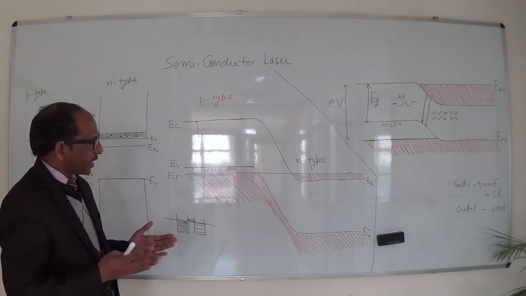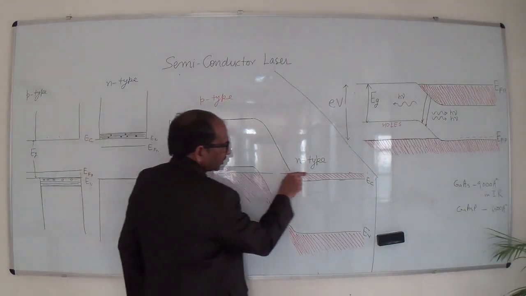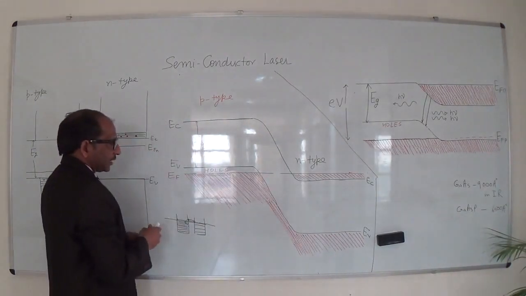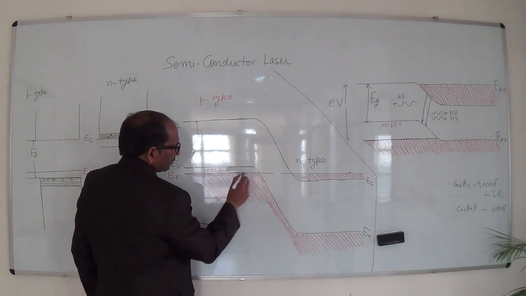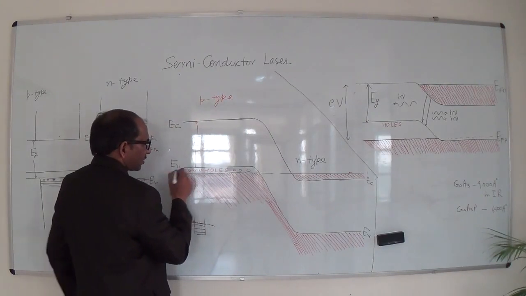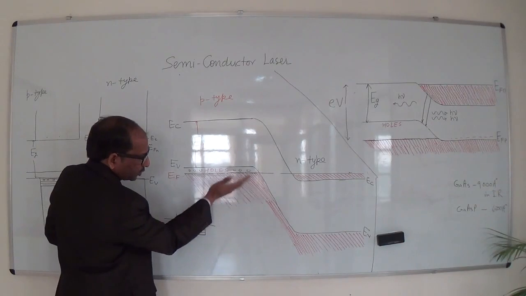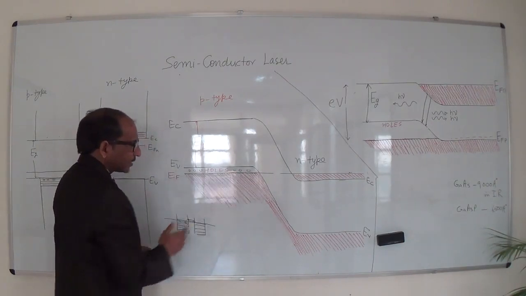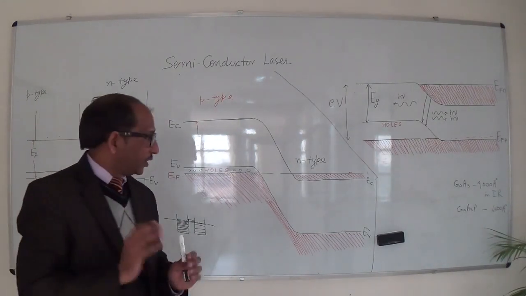In terms of the energy band diagram, this line is the Fermi energy level. The space above this line represents the holes. All these states below the Fermi energy level are filled. These red lines indicate the energy levels, and those energy levels are completely filled.